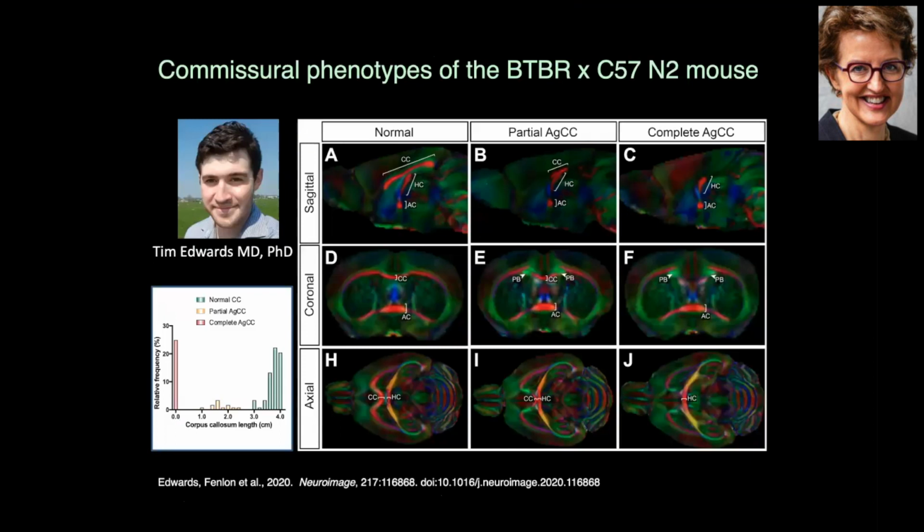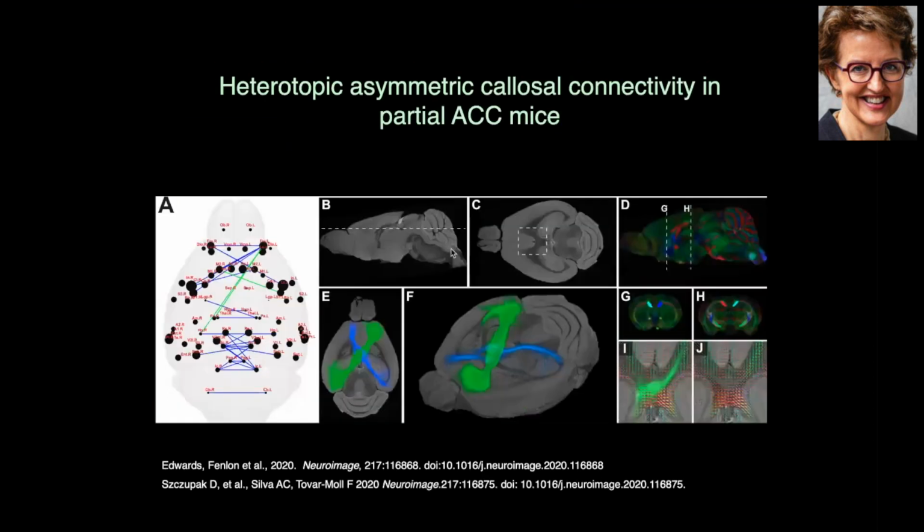And this is Tim's diffusion imaging data of examples of this normal corpus callosum, partial and complete agenesis, and the distribution of that here.